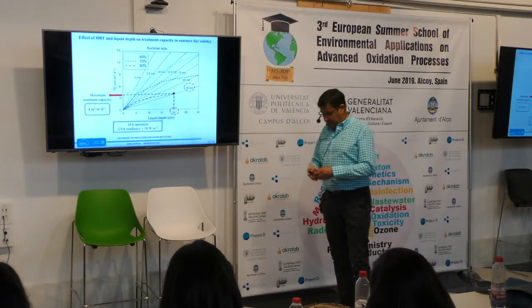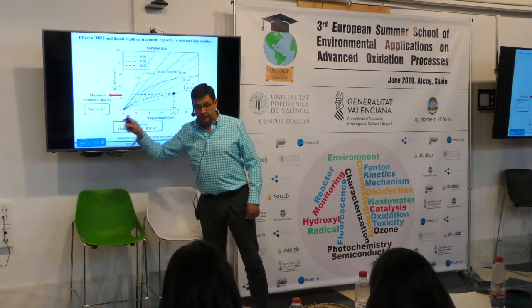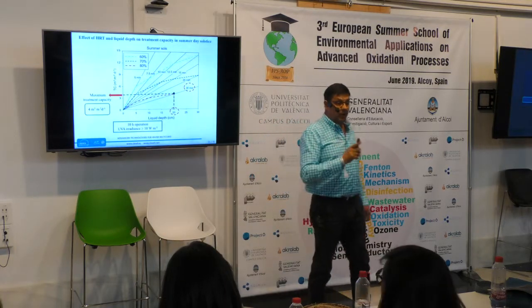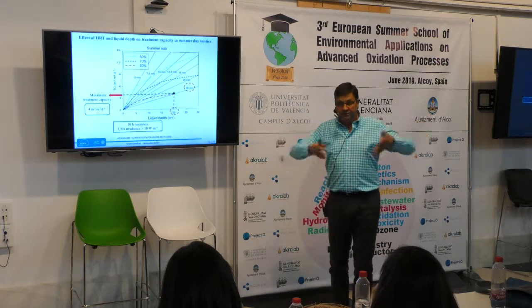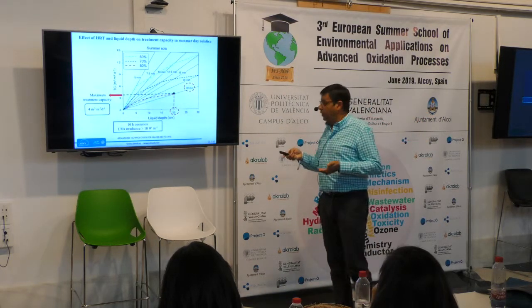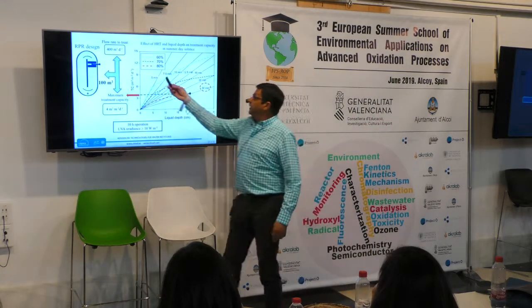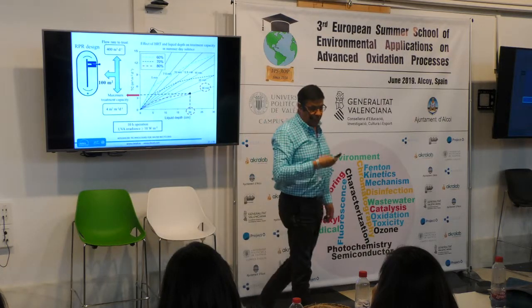Okay? So, this is not the design of the reactor. Javier Marugan said, the design is to say how large is the reactor. Okay? The size of the reactor. How can we obtain the size of the reactor? Taking into account the flow rate we want to treat.